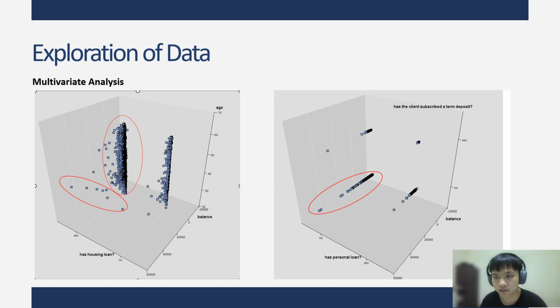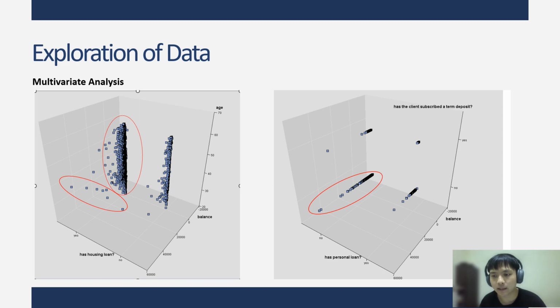After exploring the relationship between two variables, there is also a need to explore the relationship between multiple variables. From the left side, there is a 3D scatter plot graph. Regardless of each customer having a high or low bank balance, they tend to have the house loan. Customers with a higher balance in the bank are between 20 and 50 years old, may still be working, and so they have the ability to pay the loan.